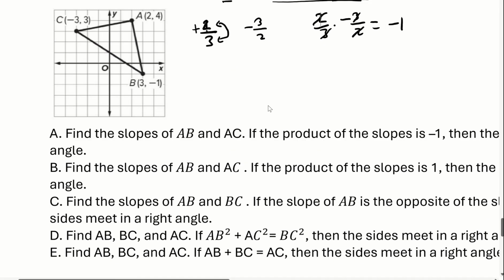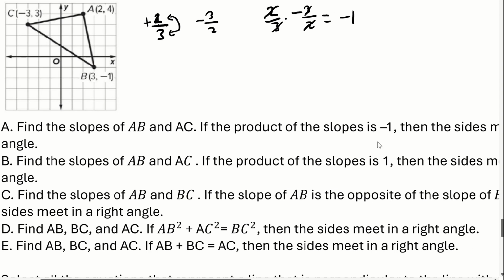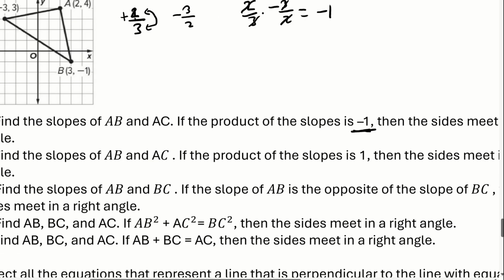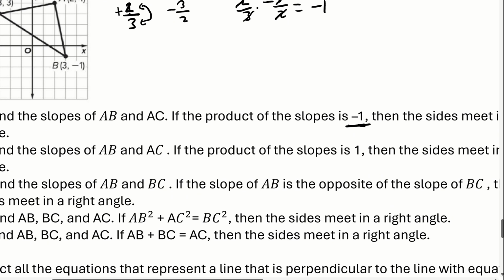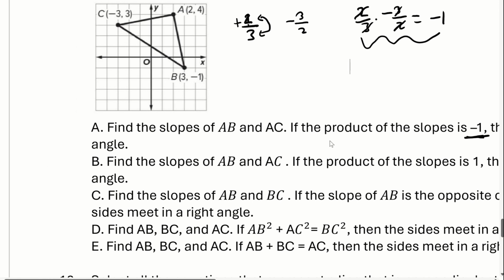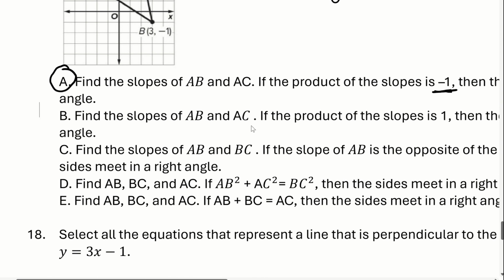Okay, so that's what we've got to do. Find the slopes of AB and AC. If the product of the slopes is -1, then the sides meet in a right angle. That's exactly what I was just saying. If you multiply the two slopes and you get -1, then they have to meet at a right angle. Okay, we want to select all that apply. Find the slopes of AB and AC.